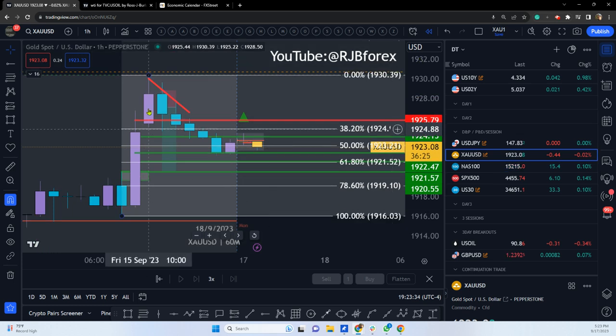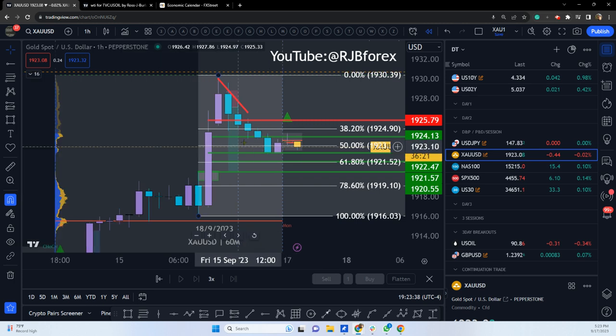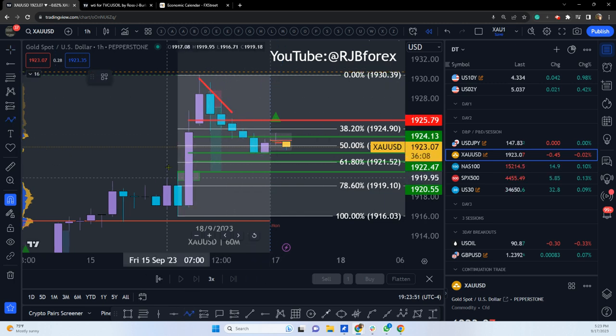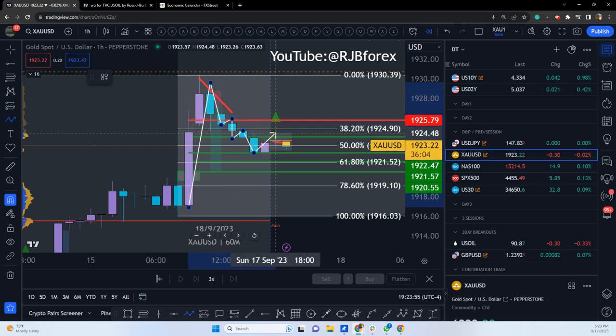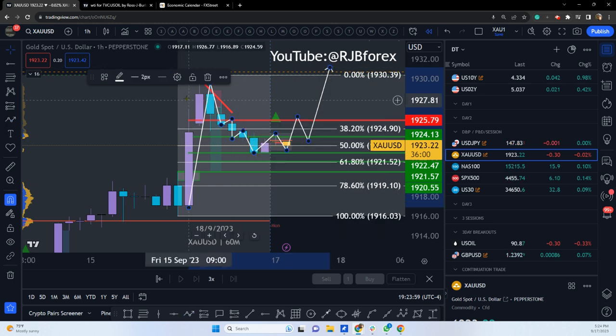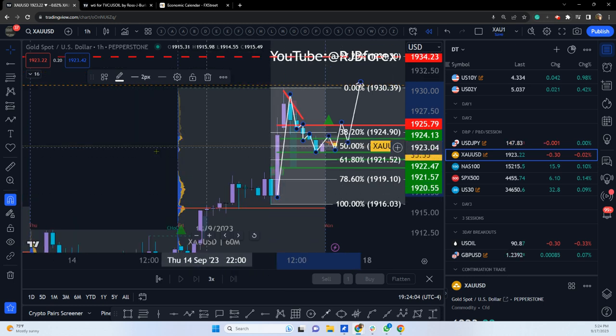Now, in a scenario like this, that creep to the downside has done little to match the momentum in the upside. So, with that creeping correction, it'll be a textbook impulse correction continuation to the upside.